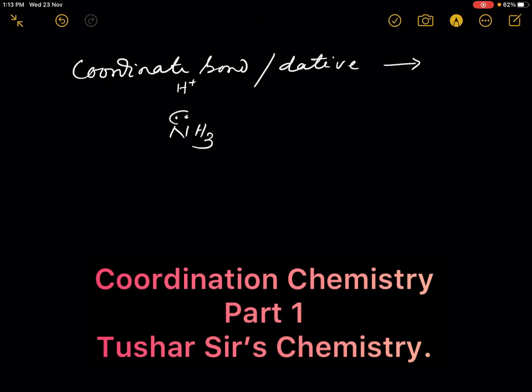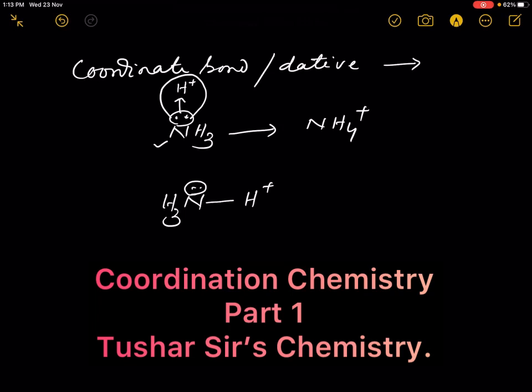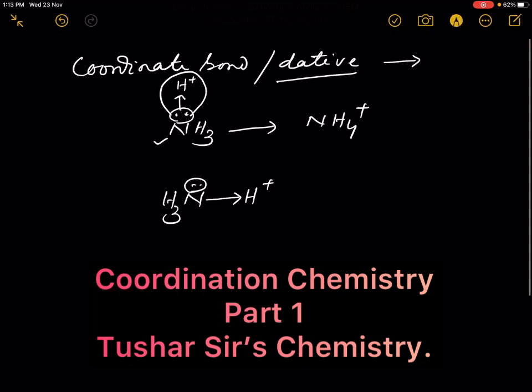So this pair of electrons can be donated by this nitrogen to this H+ and shared by both N and H+, and it forms NH4+. So here between N and H there is a coordinate bond, or you can say a dative bond.